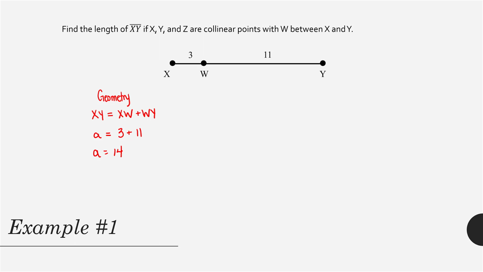Or in other words, XY equals 14. But we have to give a reason for this. The whole reason we can write this is segment addition. So our segment addition said the entire long segment is the sum of the 2 smaller pieces added together.